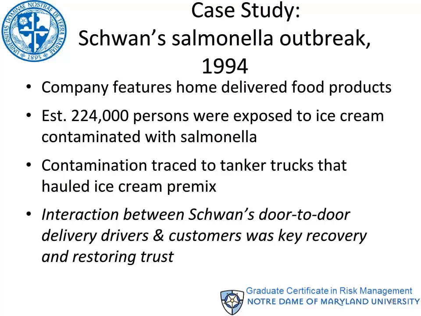The cause of the problem was that tanker trucks carrying raw eggs had not been adequately cleaned before ice cream premix was added. That ice cream premix was contaminated with salmonella from the raw eggs, and that found its way into the ice cream that Schwan's delivered all over the Midwest.